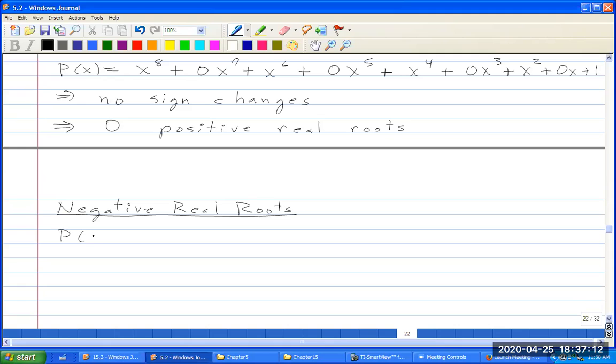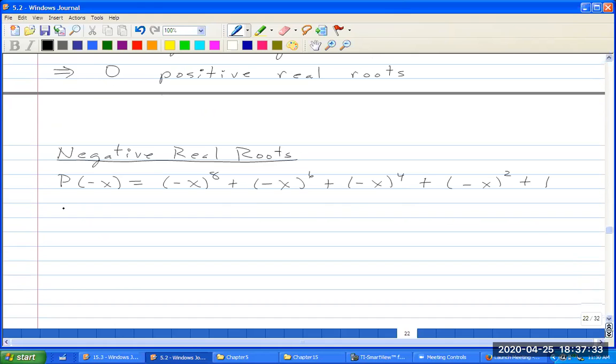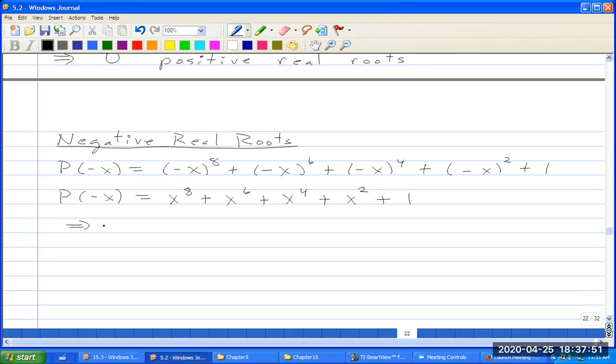So P of minus x: x to the 8, 6, 4, 2, 1. Same polynomial. So again, there are no sign changes.